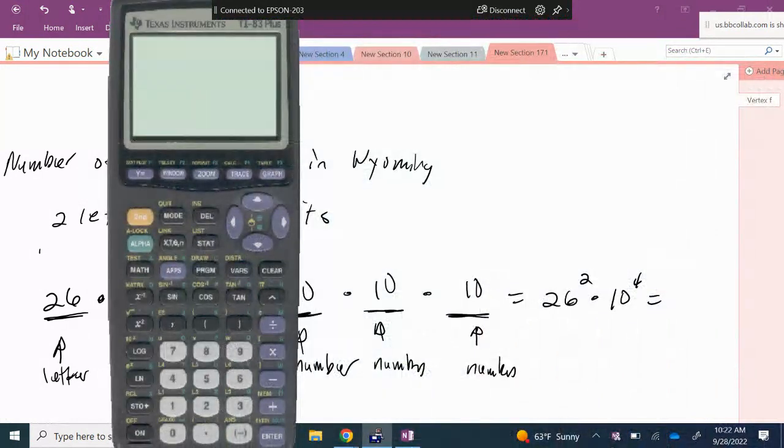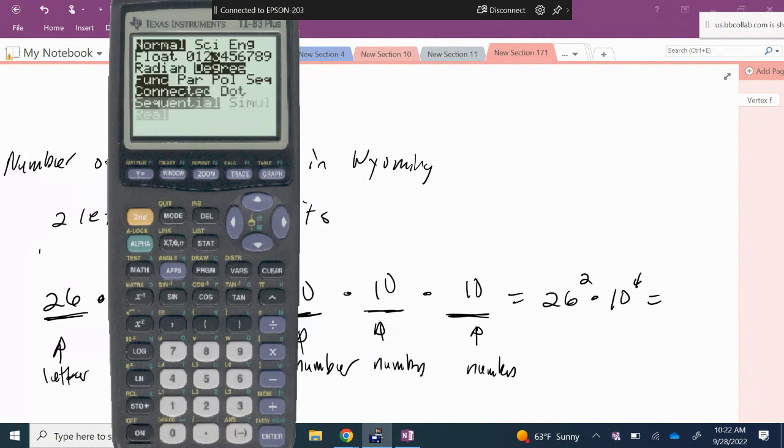So I'm going to put this in the calculator as 26 squared times 10 to the fourth power. And see, it's still rounding to 3 decimal places.